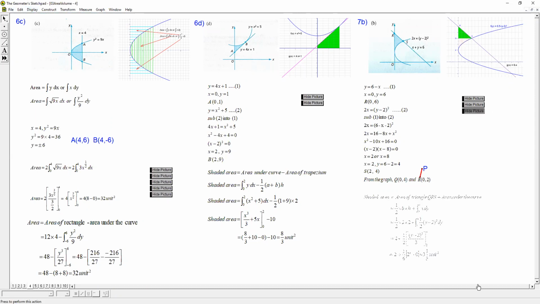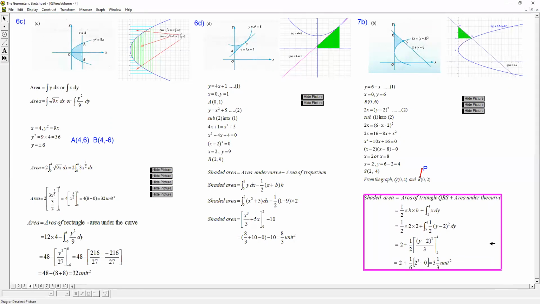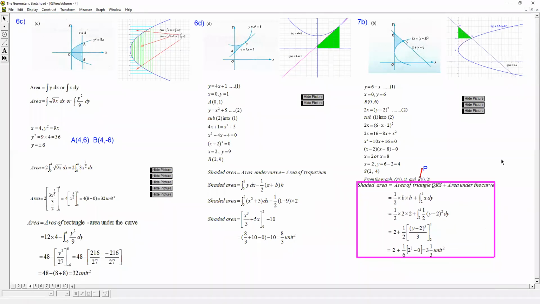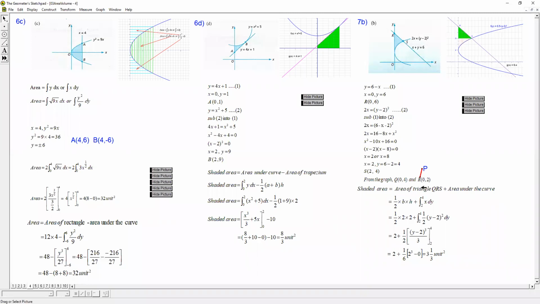Okay, right. So the shaded area is both the area of triangle QRS, and the area under the curve. Area under the curve is this one.